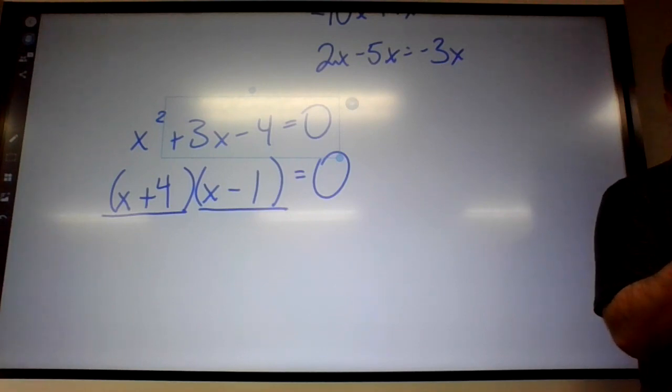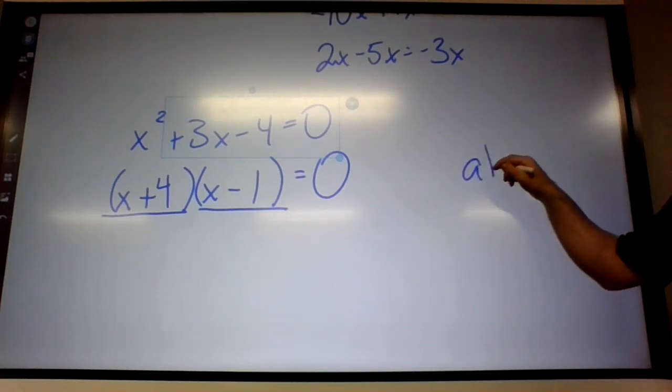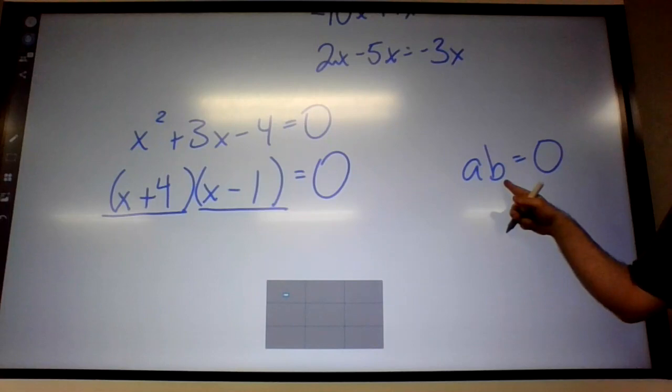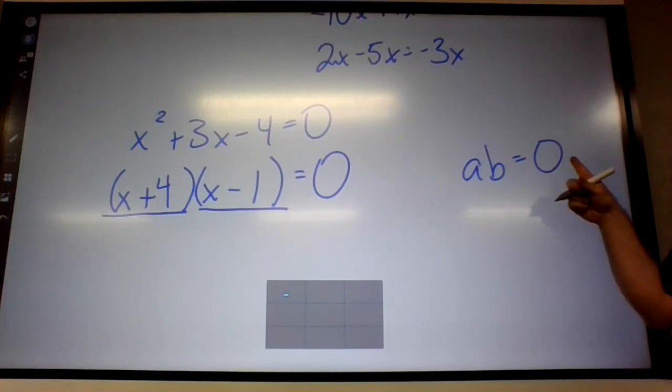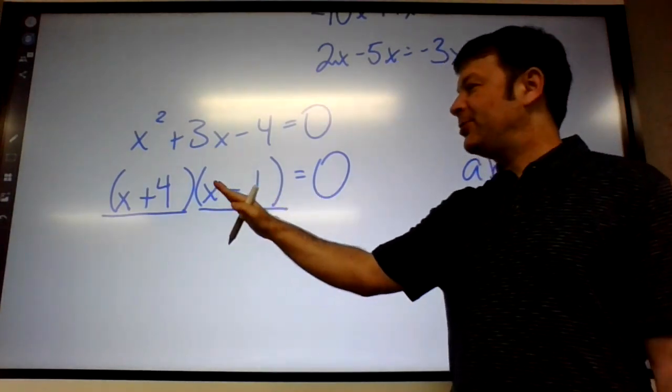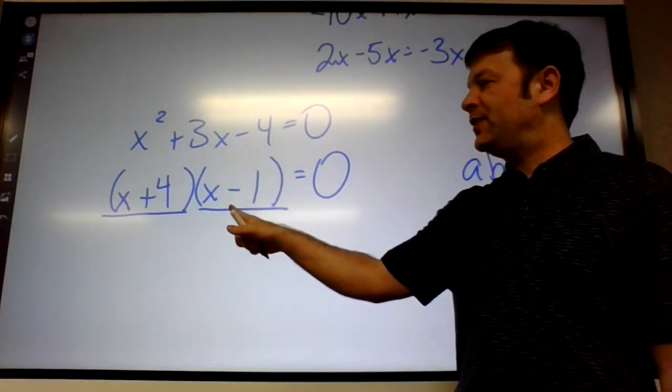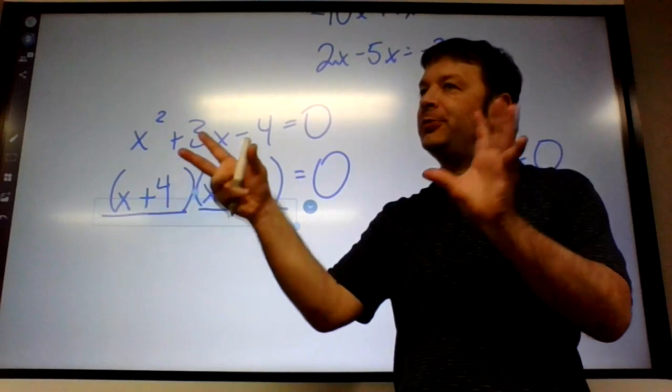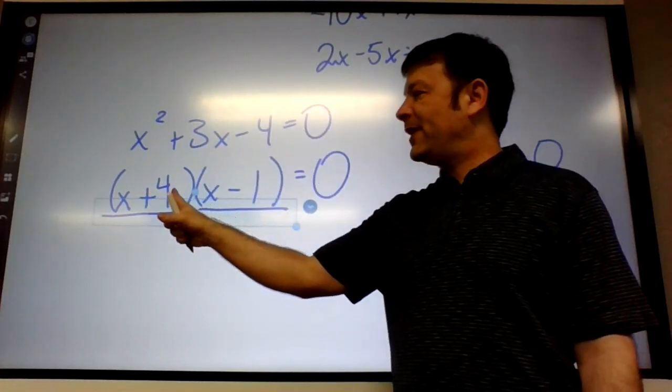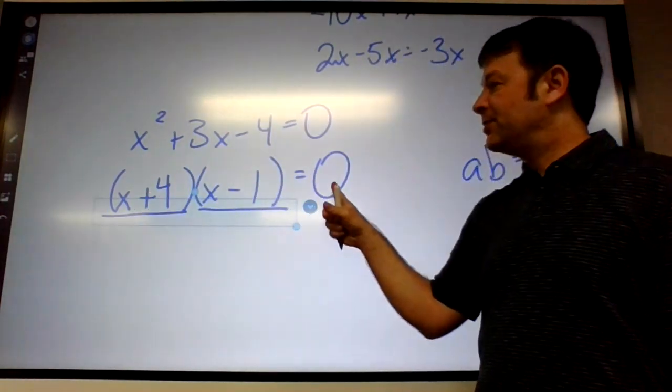One of them has to be 0. If a times b equals 0, that means a or b is 0. Or possibly both. But yeah, so to make this equation work, we need one of these factors. Factors are things that multiply with something else. One of these factors to equal 0.